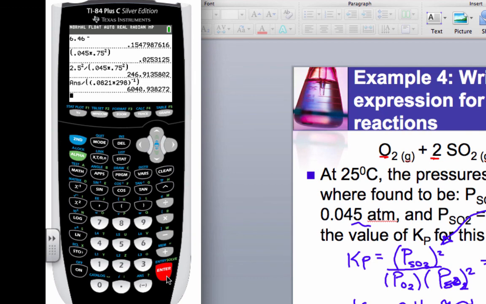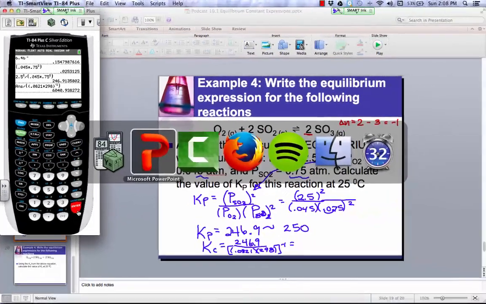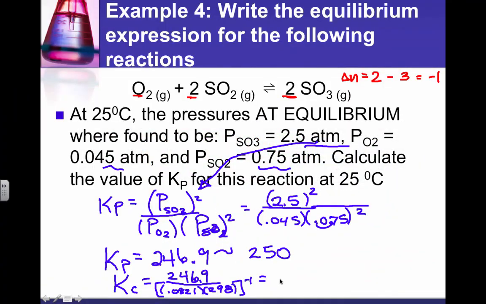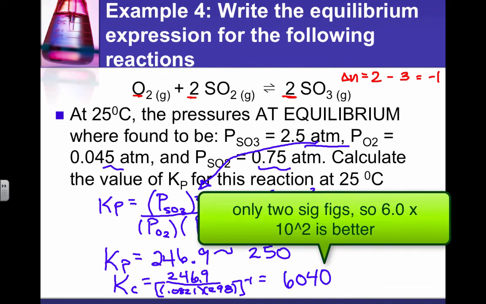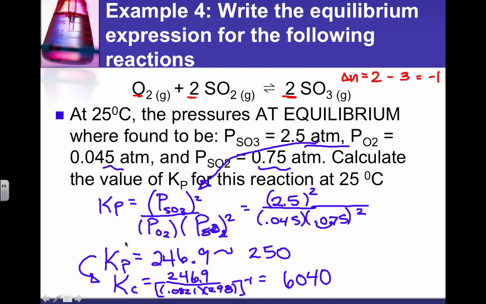And I end up with a Kc value, 6040.9. So we'll just call it 6040. And you can apply that same equation to turn any Kp into a Kc. It's a variation on the ideal gas law that we use for equilibrium problems.